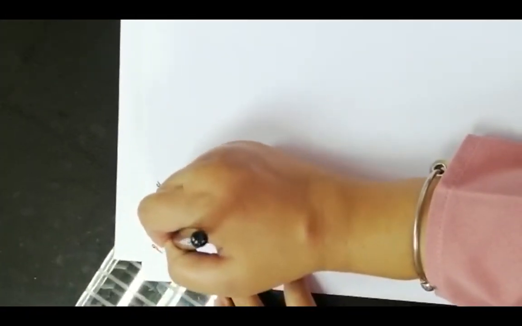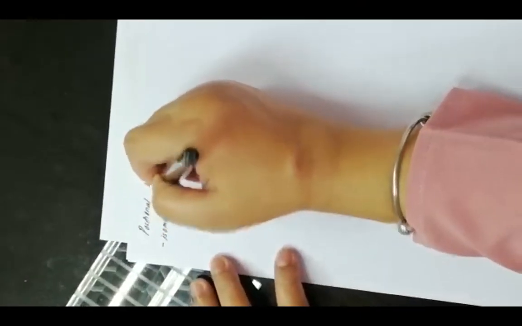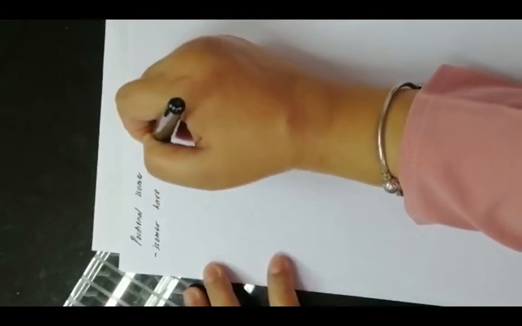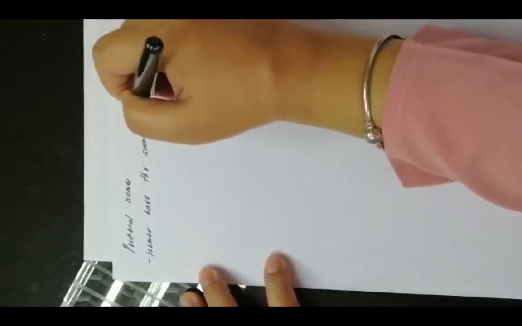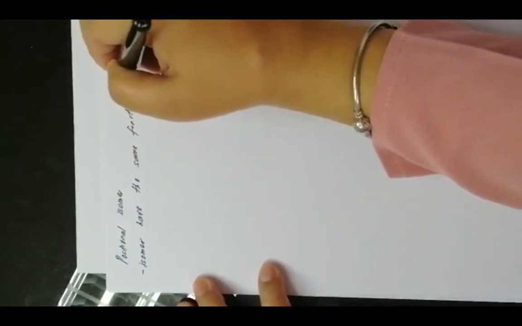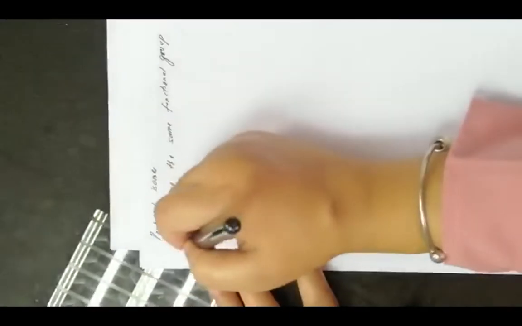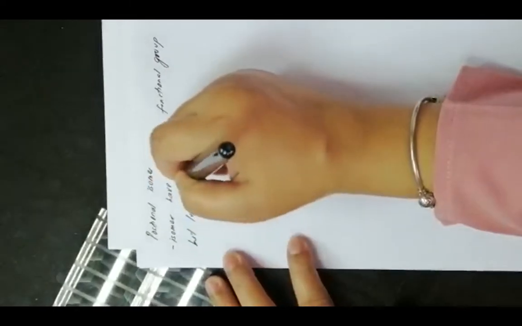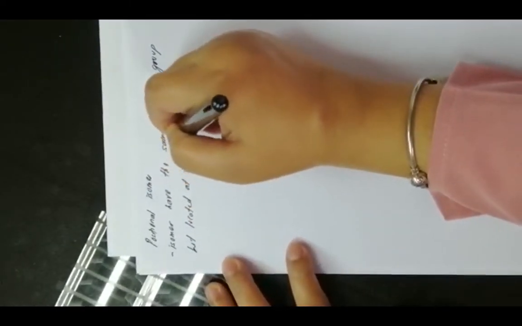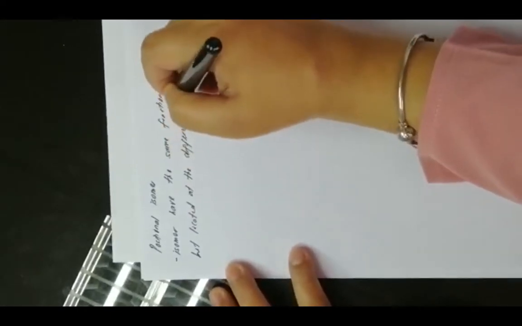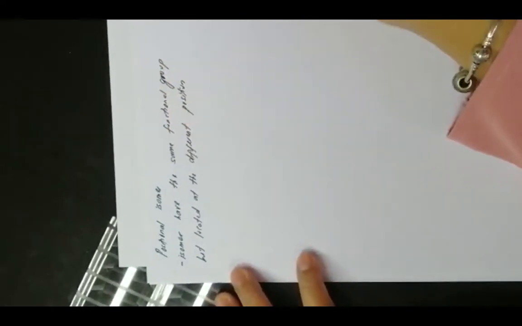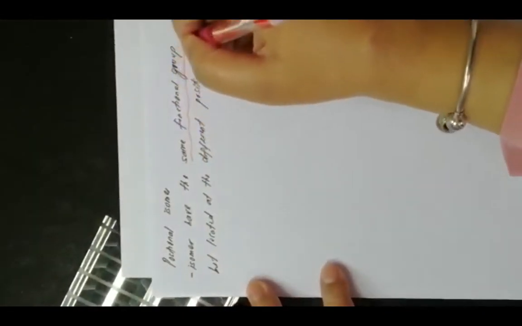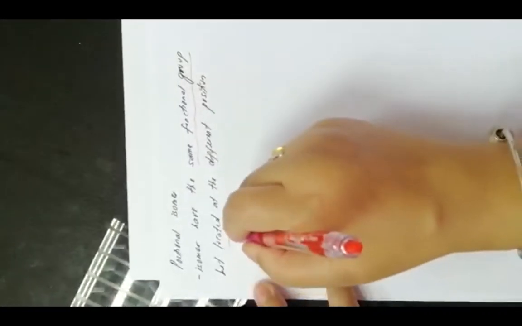Positional isomer is isomer that has the same functional group, but the functional group is located at a different position. Okay, so this is the meaning of positional isomer: they have the same functional group, but the functional group is located at a different position in the structure.